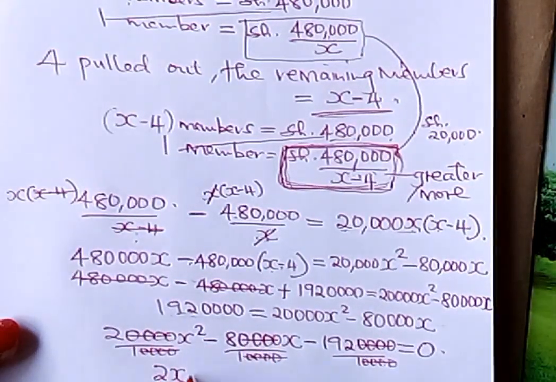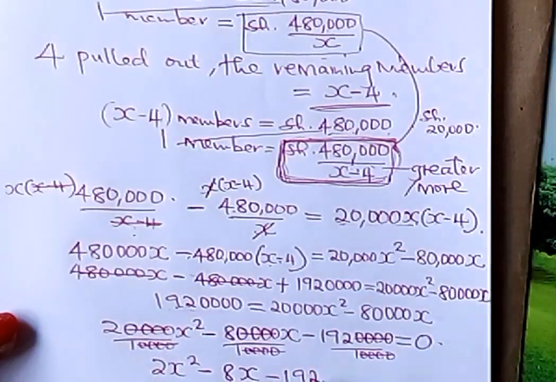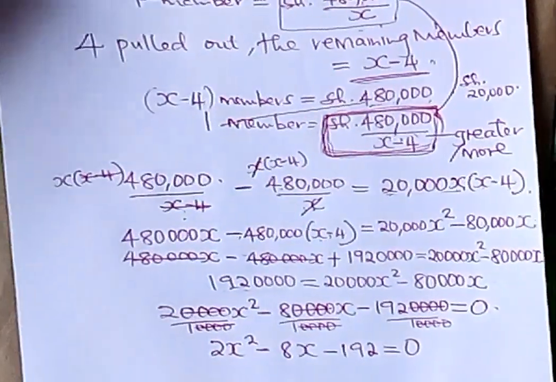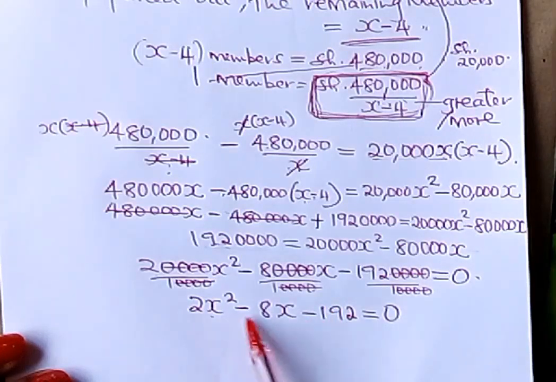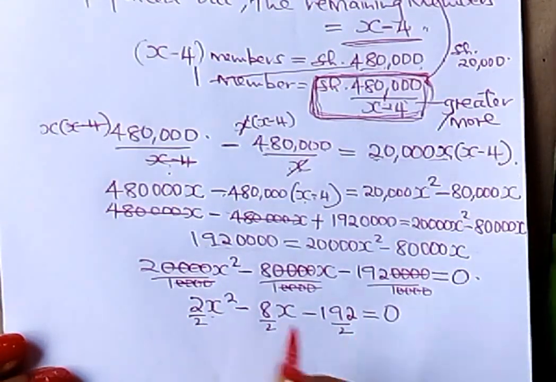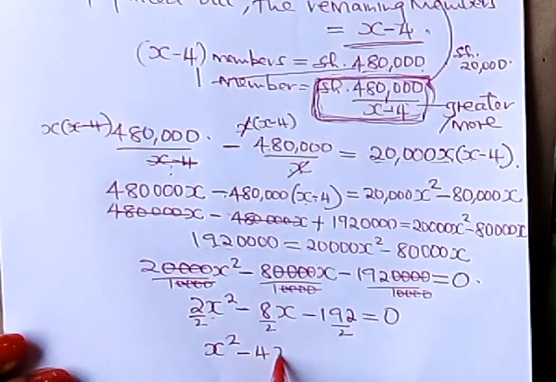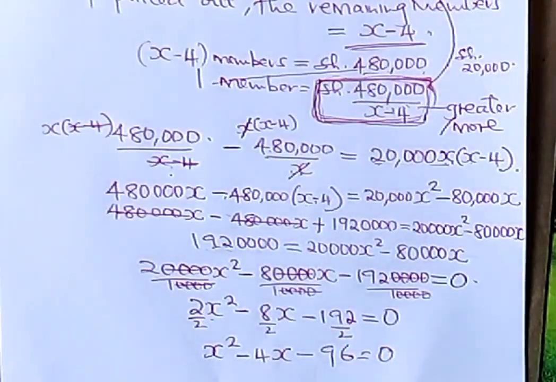So you're left with 2x squared minus 8x minus 192, learner, is equal to 0. It is becoming now smaller, simpler. And therefore, we can still divide through by 2 to make it even simpler. So you get x squared minus 4x minus 96 is equal to 0, learner.